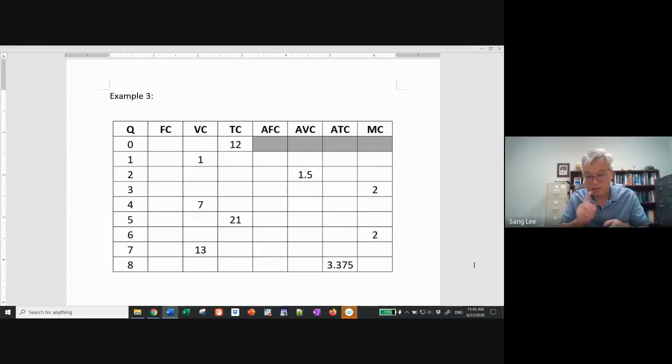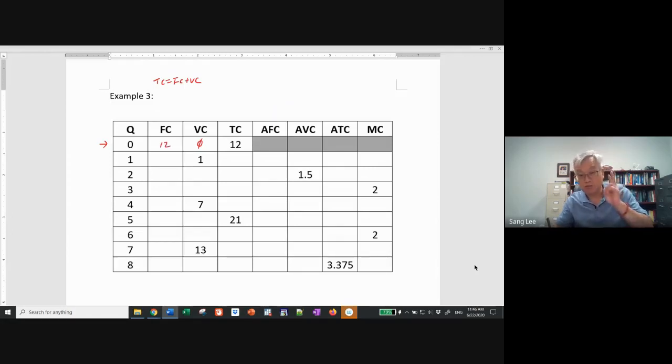Now, we know total cost is fixed cost plus variable cost, right? So here we already know total cost is 12. This 12 is fixed cost plus variable cost. Now we do know variable cost is 0. So fixed cost should be 12 here.